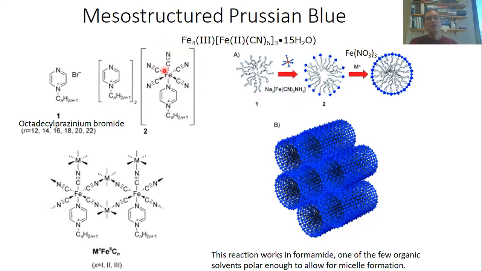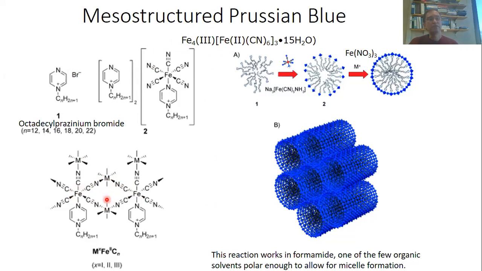Now again, in a formamide solution, this surfactant forms micelles, and when you add iron 3 plus to this solution, that iron 3 plus will interlink the surfactant head groups to form a Prussian blue, which is indicated here.